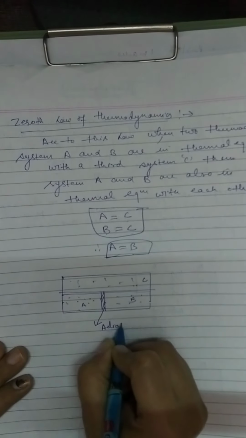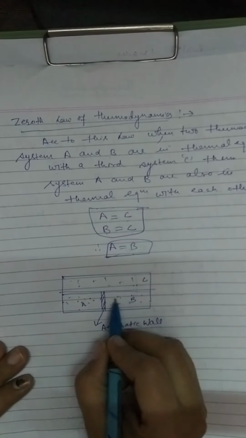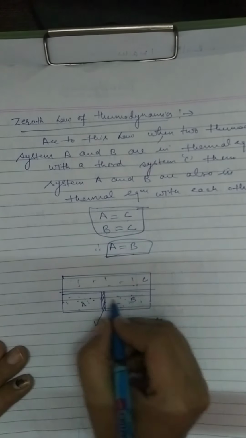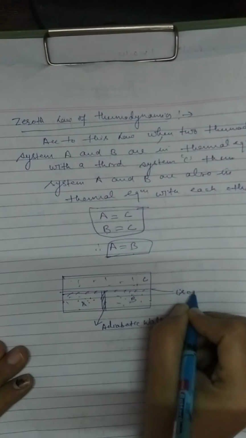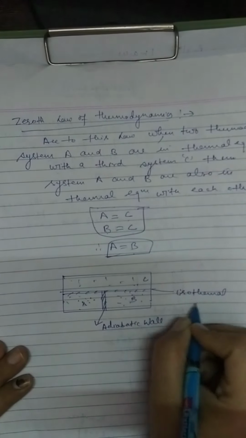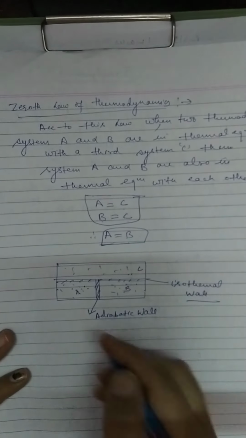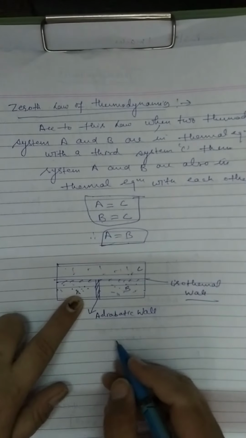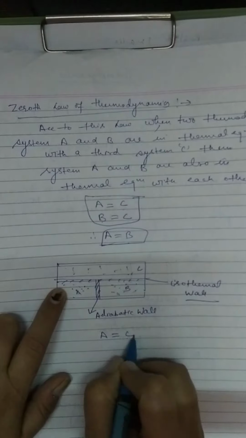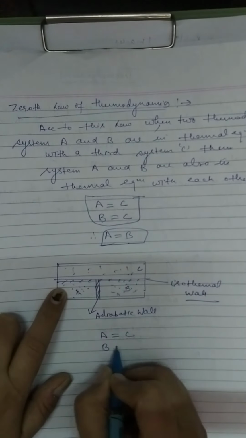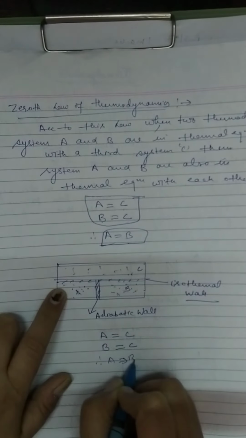Adiabatic wall means there is no transfer of heat from A to B, and this is an isothermal wall, right, through which the heat can transfer from A to C and B to C. This means through A the heat can be transferred to C. This means A equal to C. B is also in thermal equilibrium with C, so automatically A is in thermal equilibrium with B.